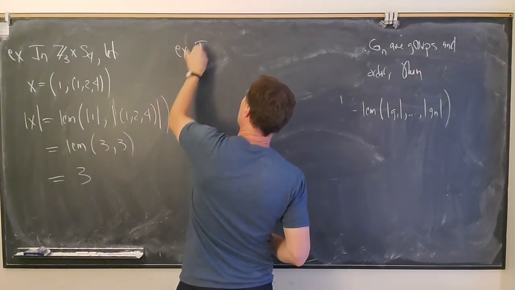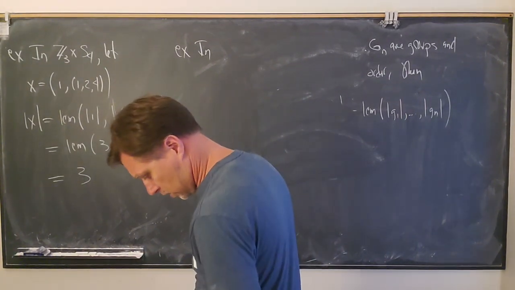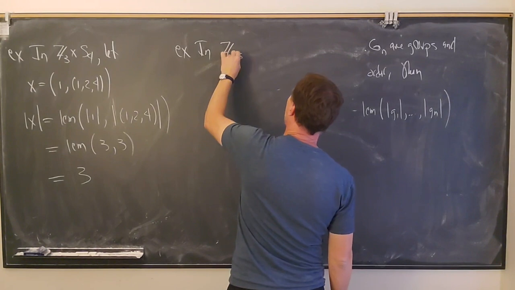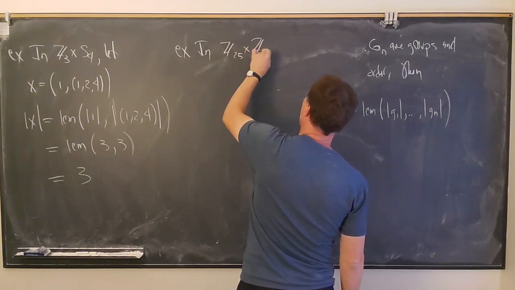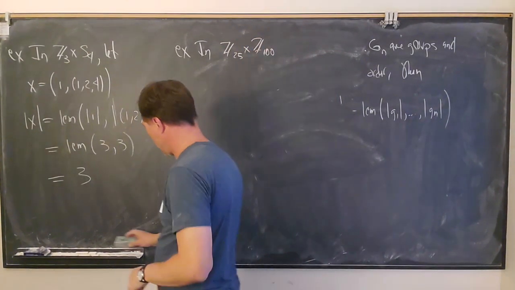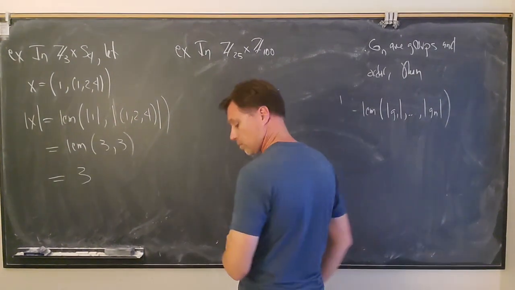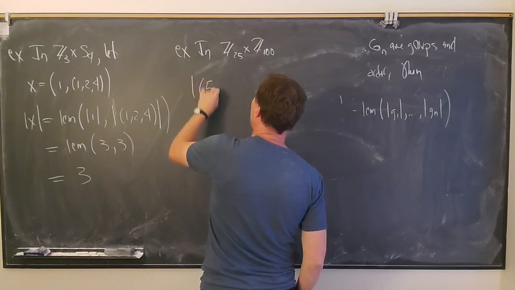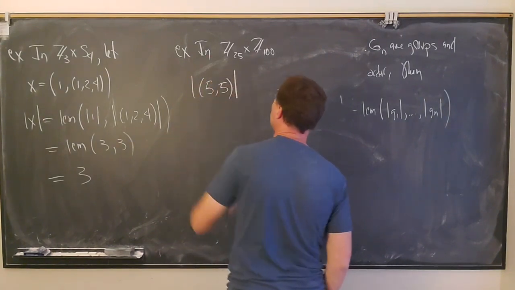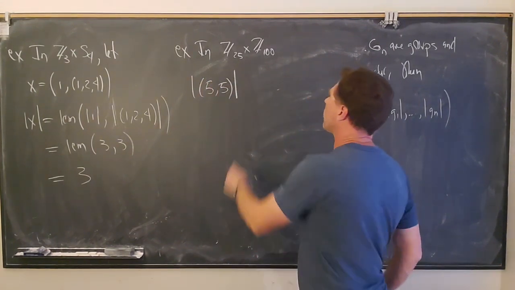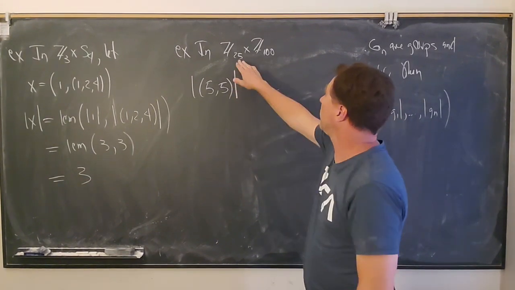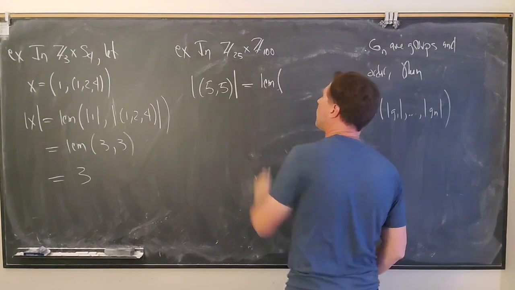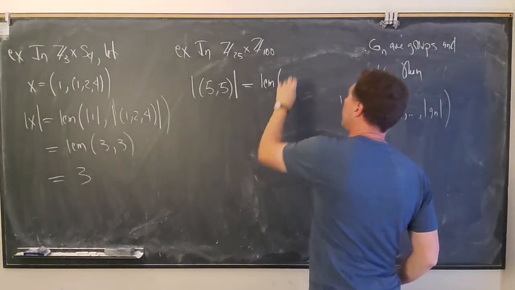And let's say in Z25 cross Z100, let's look at, who do I want to look at? Oh, how about the order of (5, 5)? Well, the order of 5 in Z25 is 5.